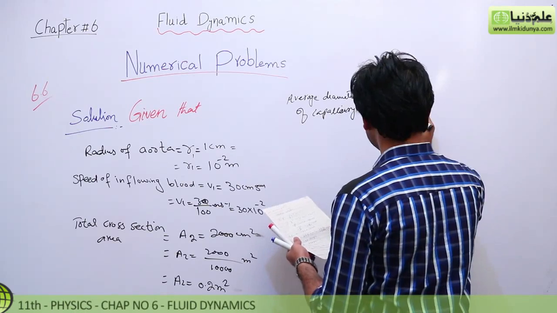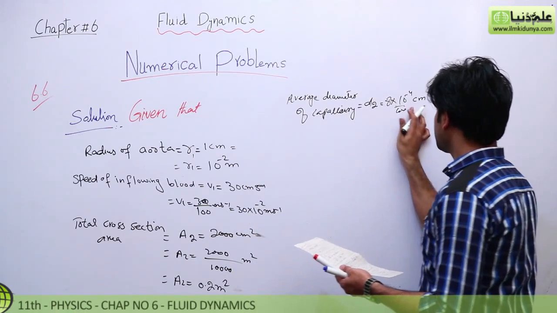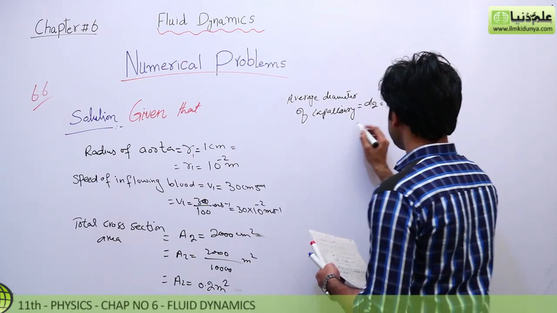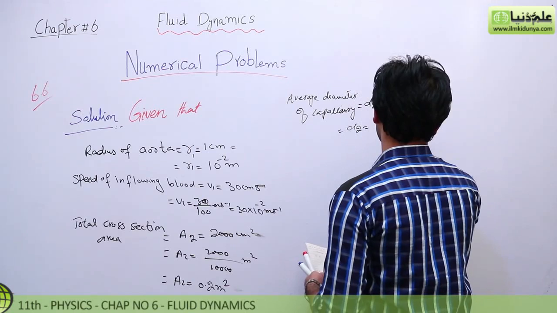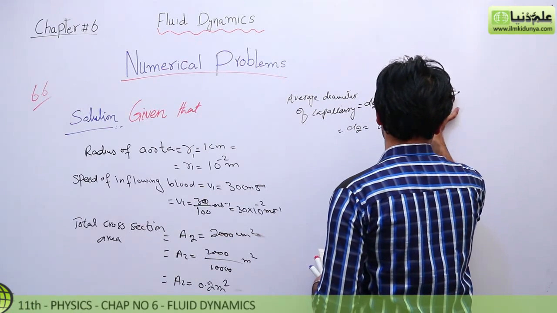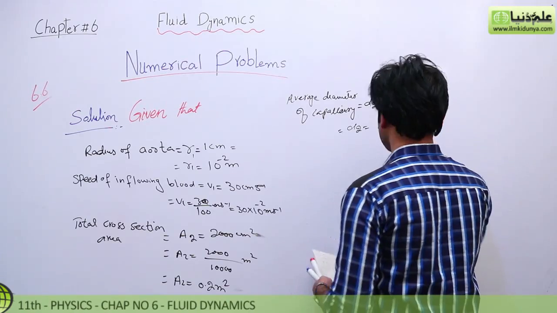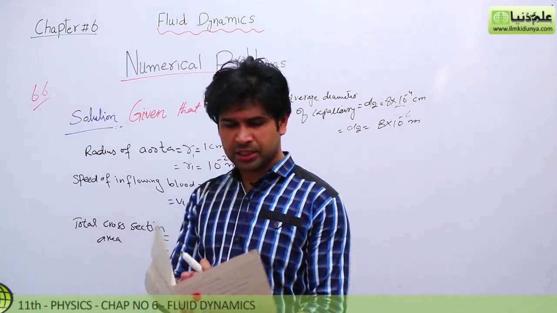We can also convert this into meter. For this, we will divide by 100, and this 10 raised to the power minus 2 becomes 8 × 10 raised to the power minus 6 meter. So these are the given information.